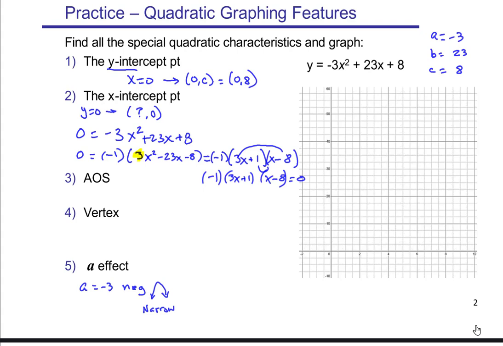It won't contribute to the solution. But 3x plus 1 could equal 0, and x minus 8 could equal 0. So we can solve the easy one at 8. And so we get our first x answer. X equals positive 8. Now that means when x is 8, y is 0, I have a point.